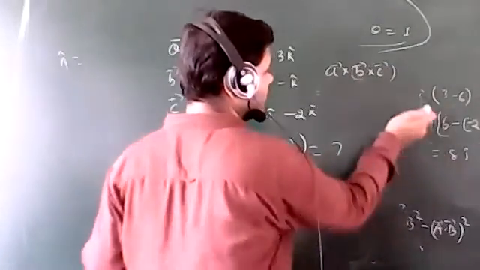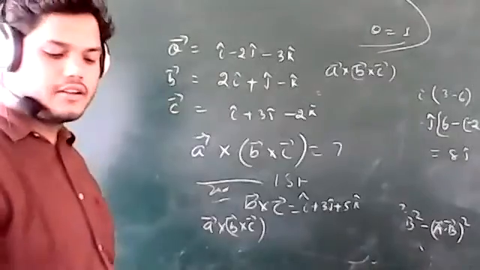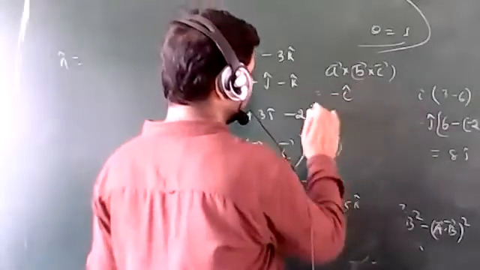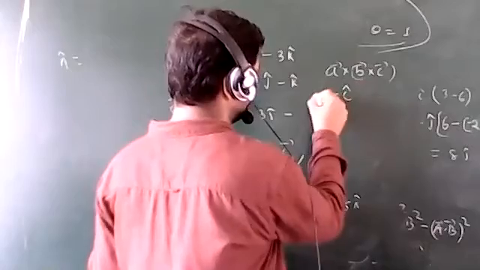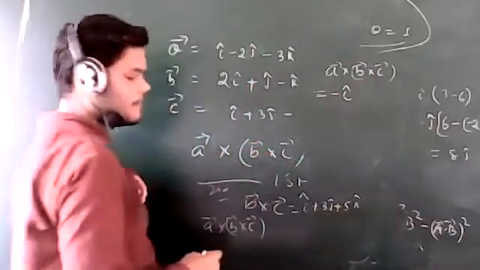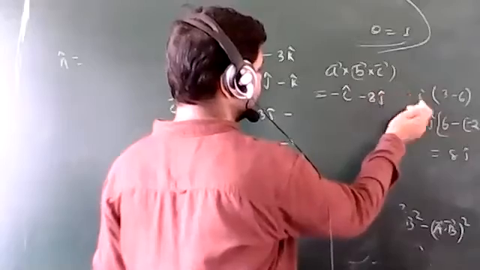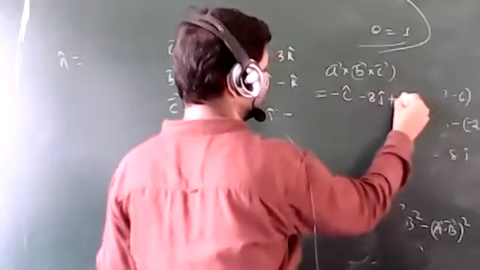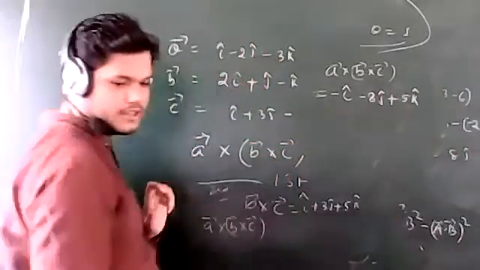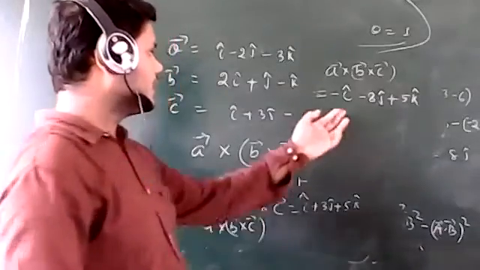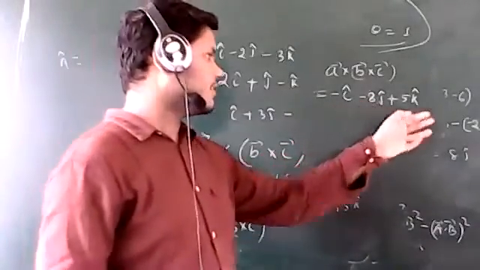Sir, minus i cap, minus 8j cap, plus 5k cap. Okay, your answer is correct. So minus i cap minus 8j cap plus 5k cap.